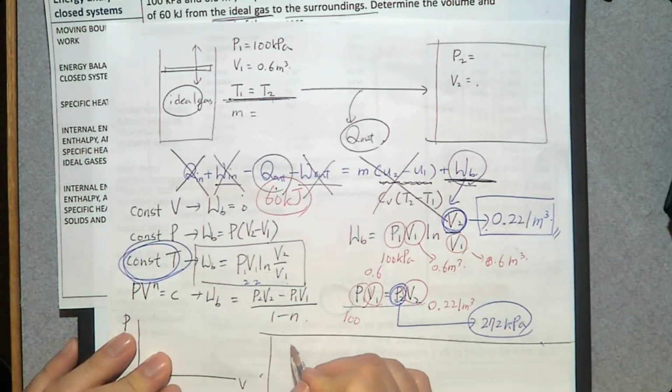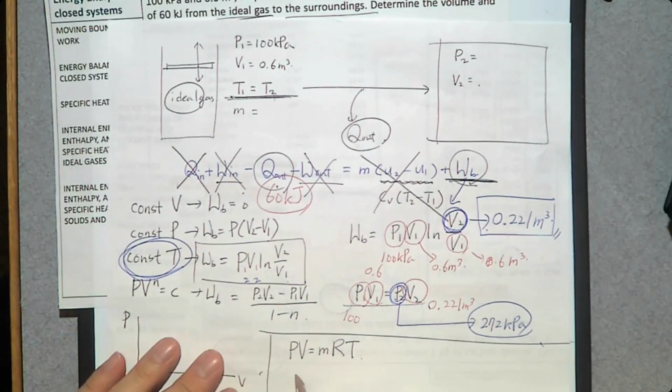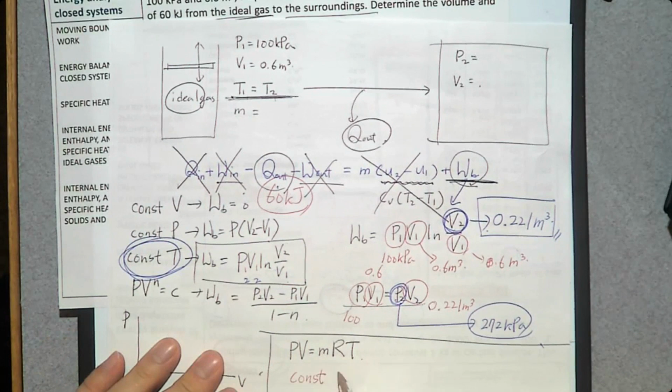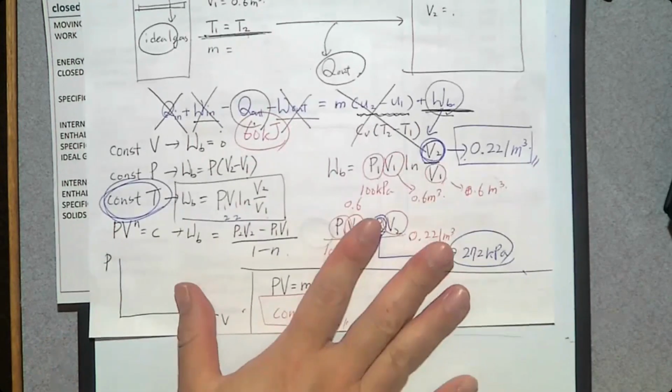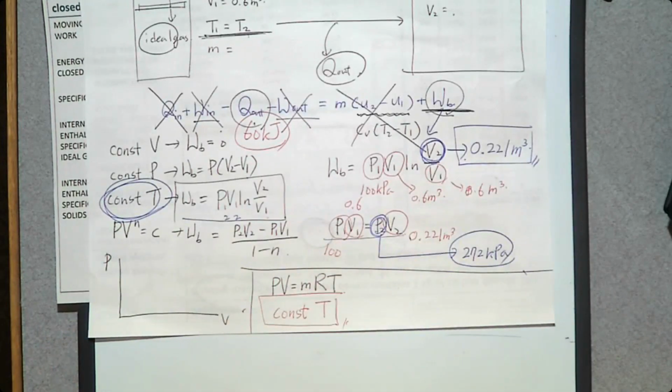When you have an ideal gas equation, PV is nRT. Let's assume that you have a constant temperature process. When you have a closed system, what determines a closed system?